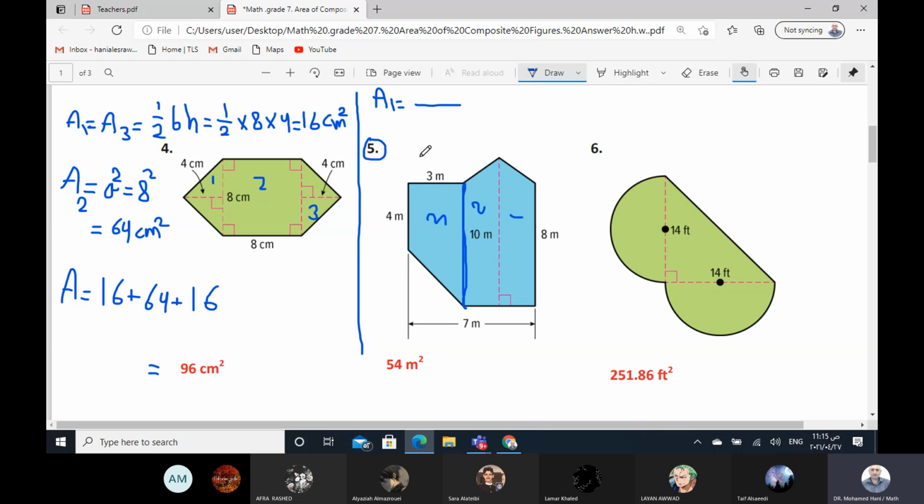The formula of the trapezoid: P1 plus P2 over 2, multiplied by the height.